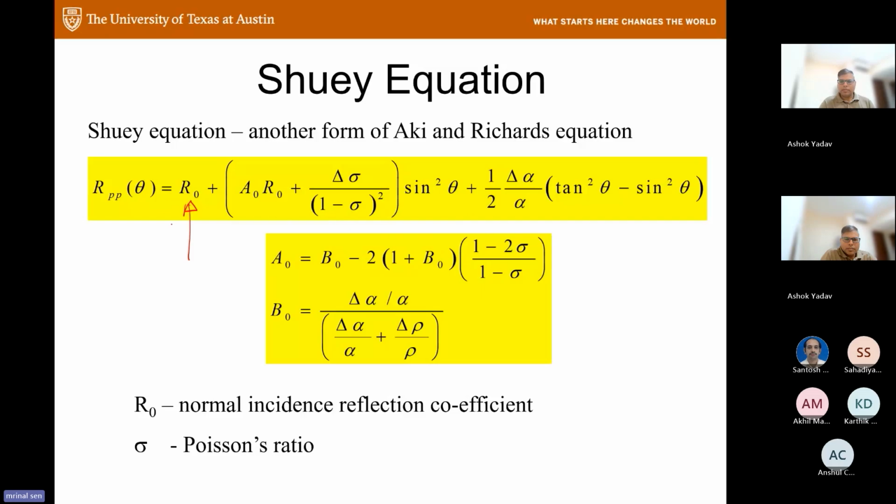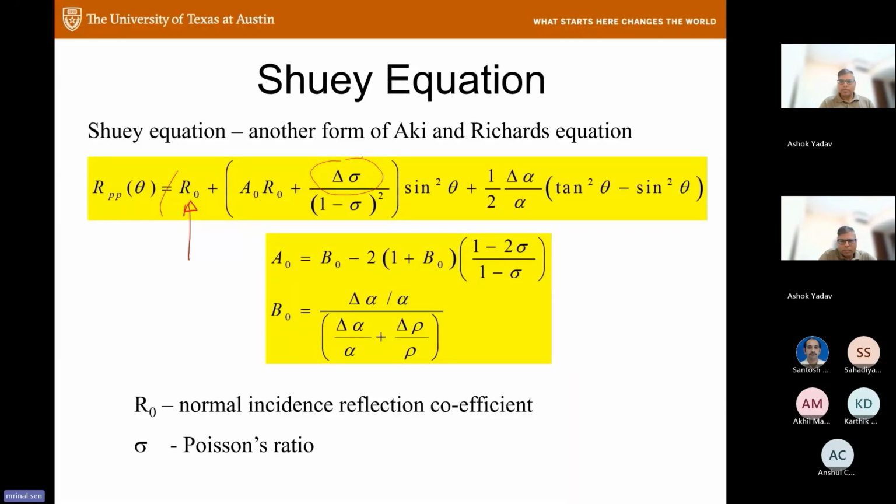So this is a three-term AVO, A, B, and C. And so you can see very clearly that in R naught, which is essentially your normal incident reflection coefficient, there is no shear wave. So this is totally independent of shear wave. And the sine squared theta term increases with the value of theta. So this is where the Poisson's ratio effect actually starts to show up.